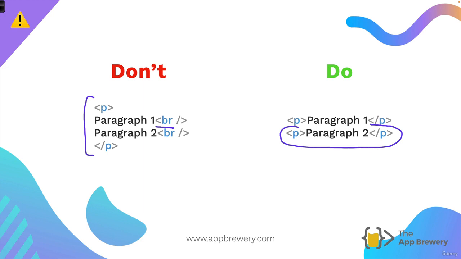So I recommend you always create new paragraph elements when you have new paragraphs and use the break element only when there is some sort of reason why you would want to separate the different lines in a single paragraph, but it still is a single paragraph, such as in the case of a poem or in the case of an address that we covered in this lesson.